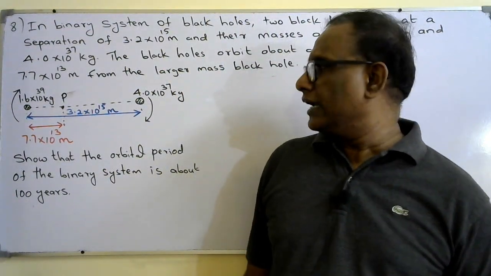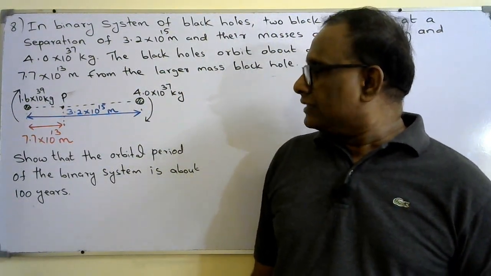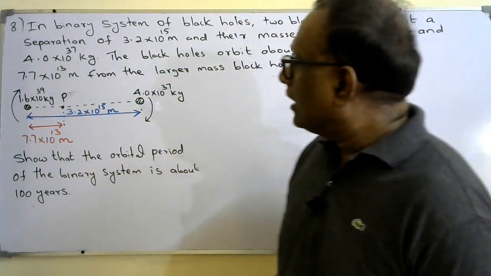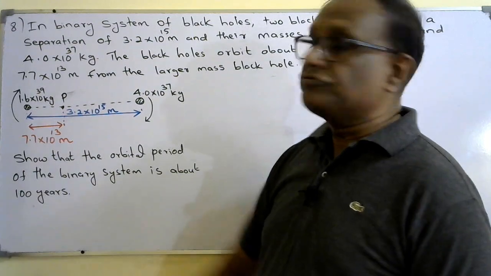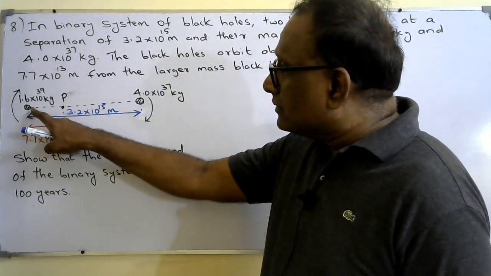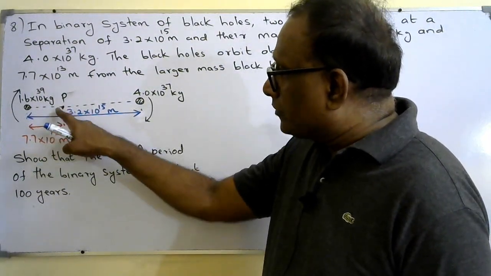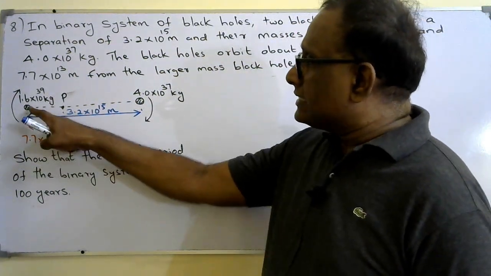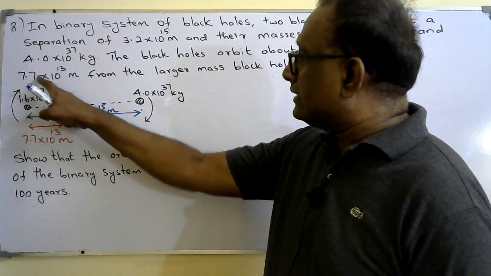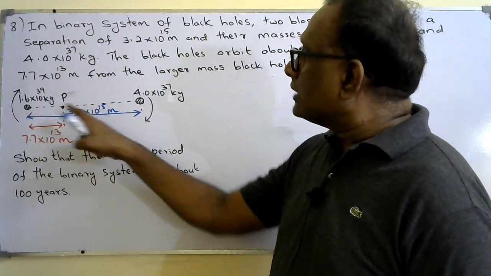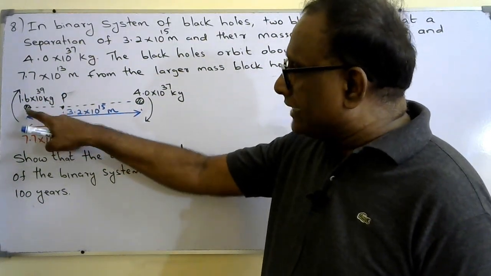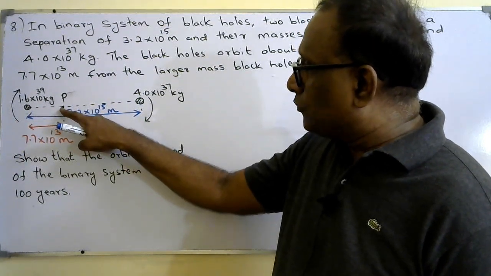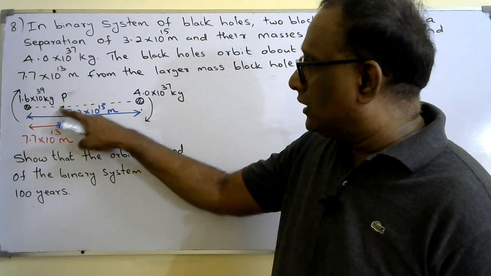The idea is, first we will find the gravitational force, because when the massive mass orbits about P, it needs a centripetal force. Wherever it stays, this will be opposite to its position. The force acting on the massive mass towards P is the gravitational pull exerted by the lighter mass on the massive mass.